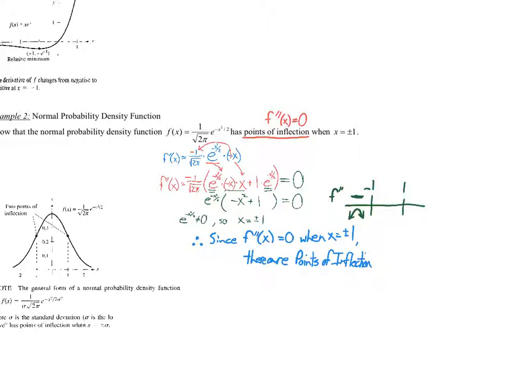If I plug in 0, I have a positive value, so I'm concave up. And if I plug in 2, the second derivative is negative again, so it's concave down. Since f double prime equals 0 and concavity changes, we know for sure it's a point of inflection.